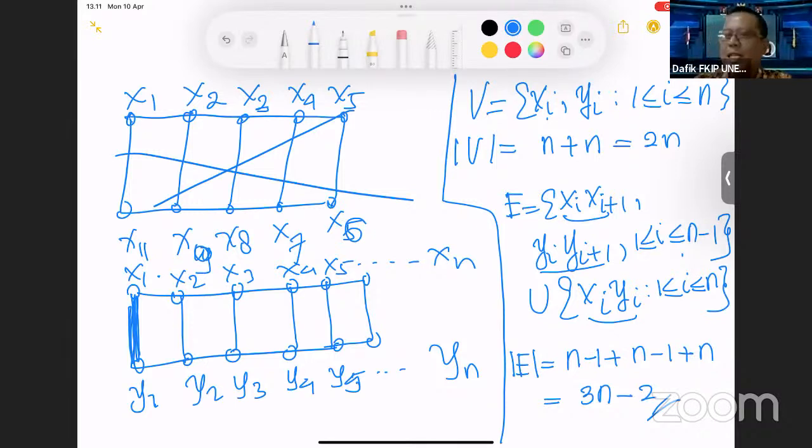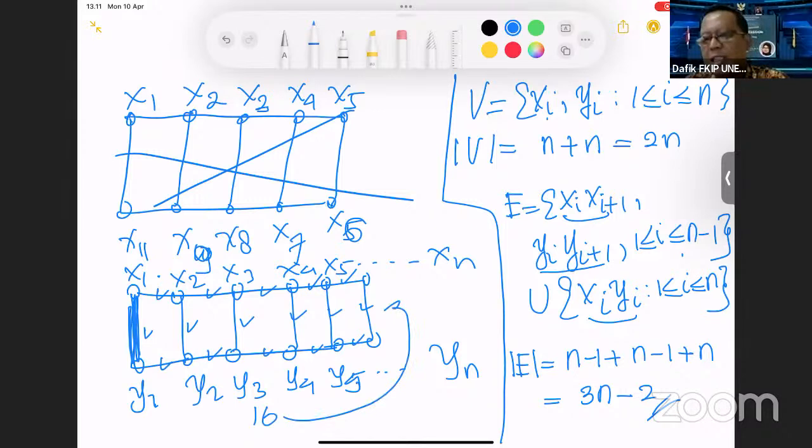Just check it. This one, how many edges do they have? 1, 2, 3, 4, 5, 6, 7, 8, 9, 10, 11, 12, 13, 14, 15, 16. They have 16 edges.